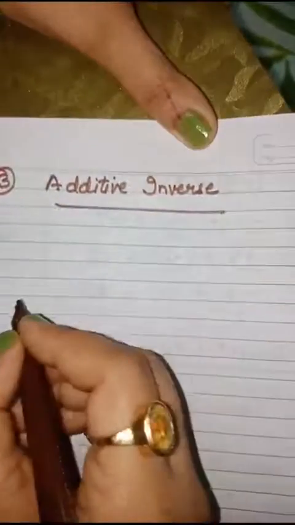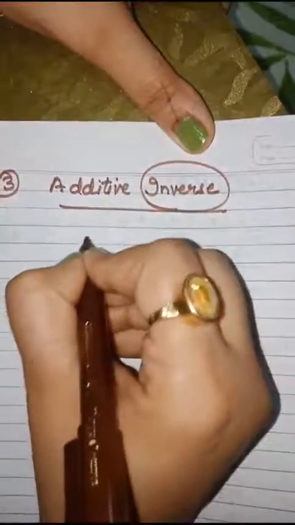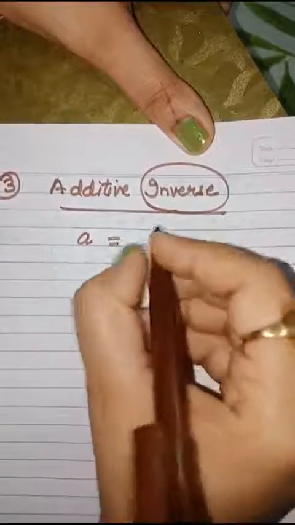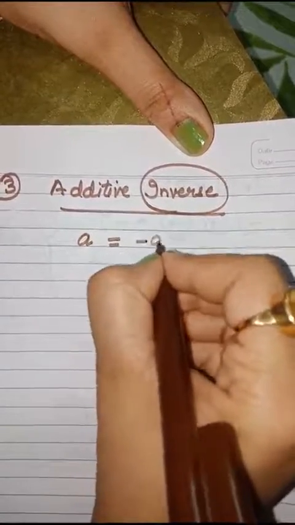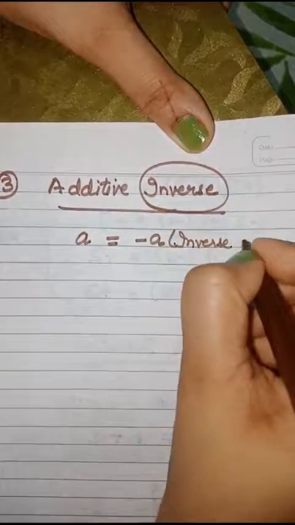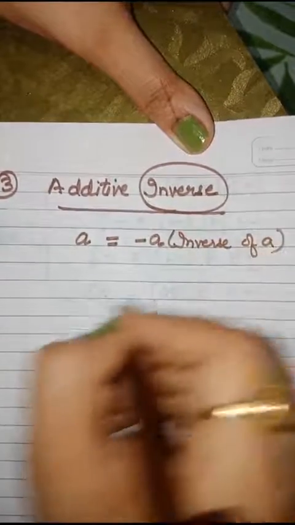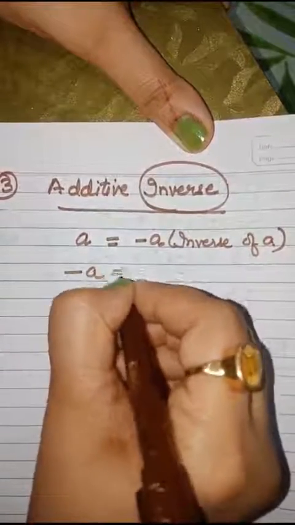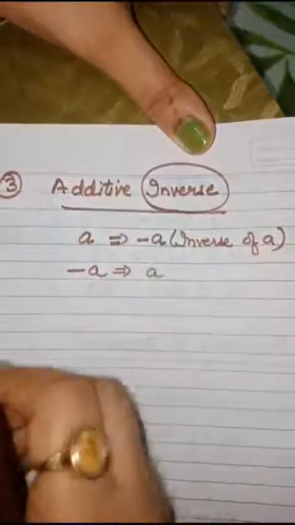As per the additive inverse property, what is the inverse of a number? Inverse means if there is one integer a, then the inverse of a will be minus a. This is the inverse. If we have minus a, then its inverse will be a.